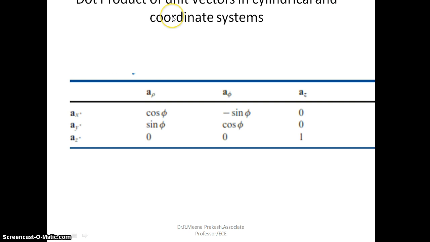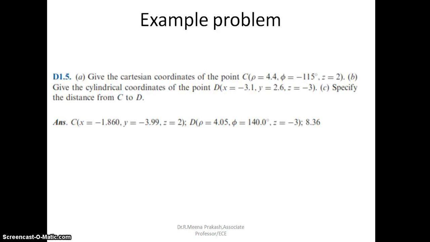This will also be helpful when you convert vectors from one coordinate system to another. Okay, let us see one simple problem. Here the point C is in cylindrical coordinates, represented by rho, phi, and z, and another point D is in the rectangular coordinate system, given by x, y, z. Specify the distance from C to D. First you convert into rectangular form.